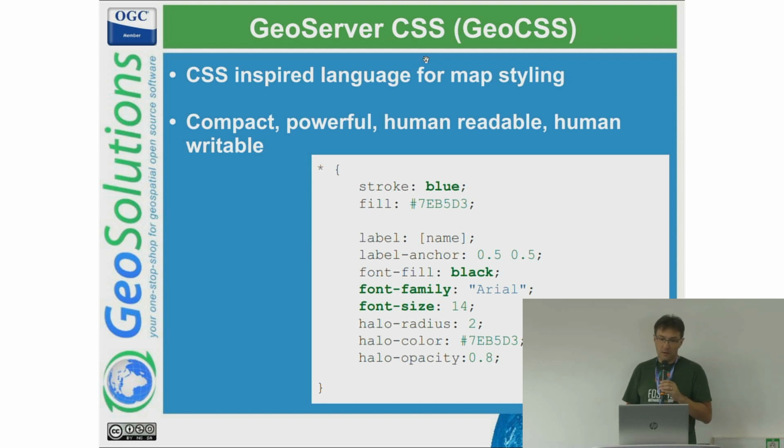You have the ability to use attributes through expressions. When you want to use an expression, it's between square brackets. So in that case, the label is referring to the name attribute. That's just a very simple example. Any SQL expression would fit inside the square brackets.